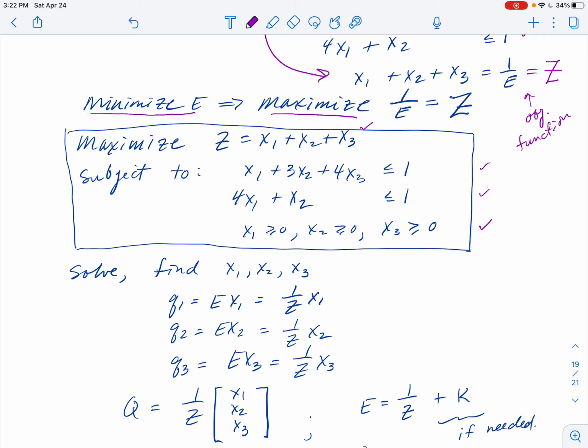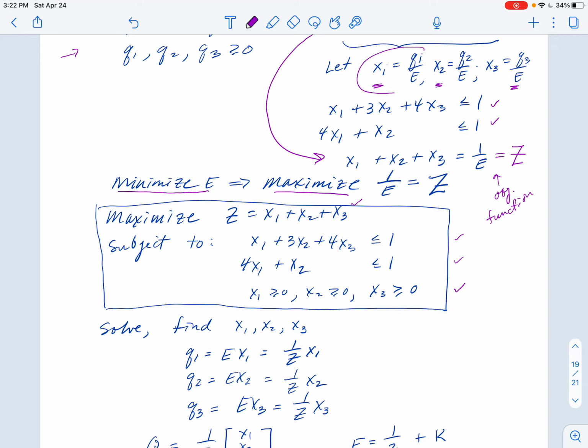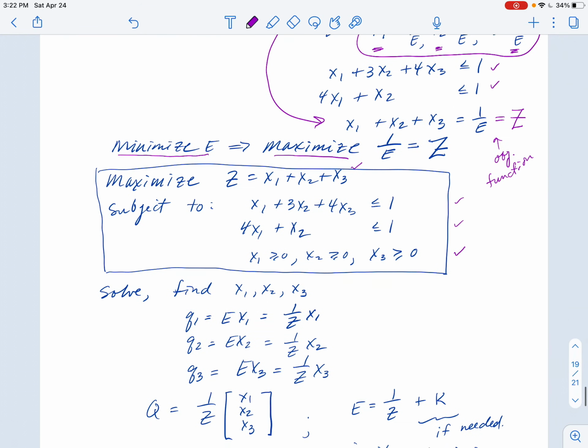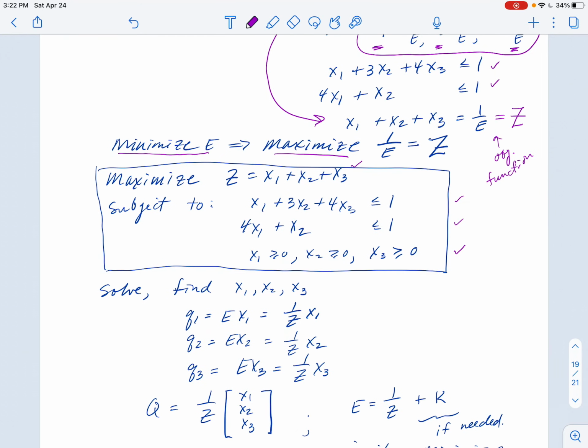And in order to find q1, q2, and q3, we'll go back up to here, right? And remember, if x1 is q1 over e, then q1 is e times x1. q2 is e times x2. q3 is e times x3. And e, remember, was 1 over z.